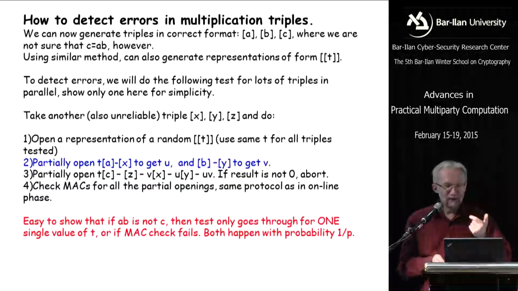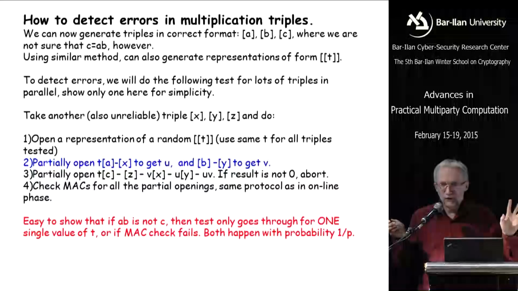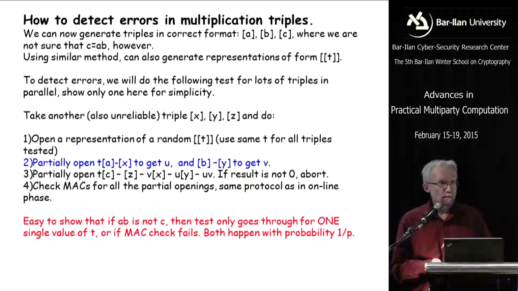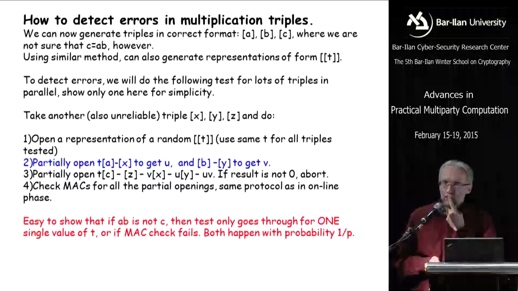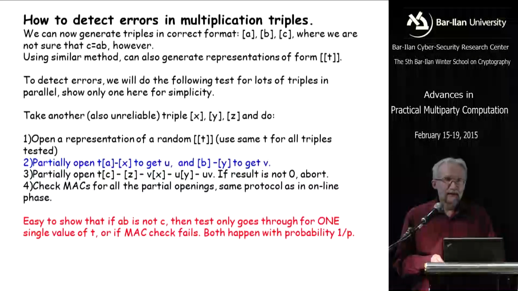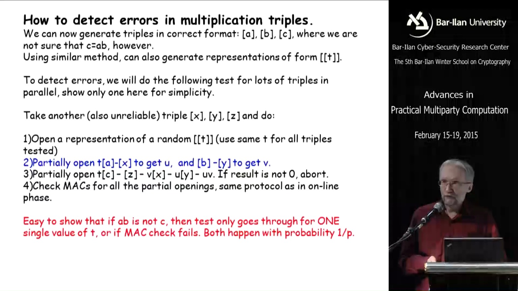Therefore you essentially have to guess T to make this equation work out, but you can't, because T was not known when these values were fixed. Okay? Yes? Good. So this means we sacrifice a constant fraction of the triples. We sacrifice half of them, but as a reward, the ones we keep are actually reliable, except with this very small probability.